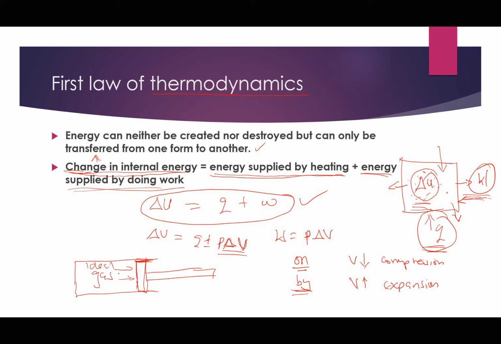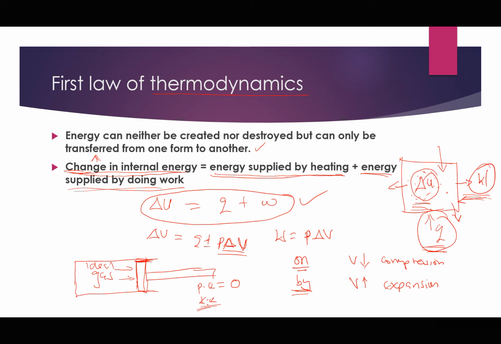Remember, for an ideal gas, the potential energy of the molecules is approximately zero because the molecules are infinitely far from each other. That means the intermolecular force is negligible. But the molecules have kinetic energy. It is the kinetic energy that is responsible for the internal energy.